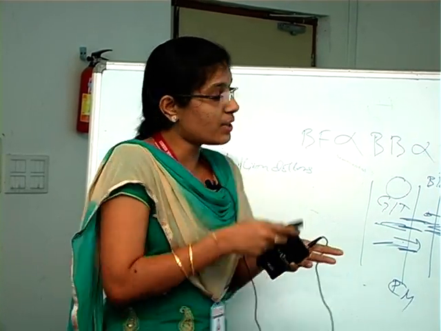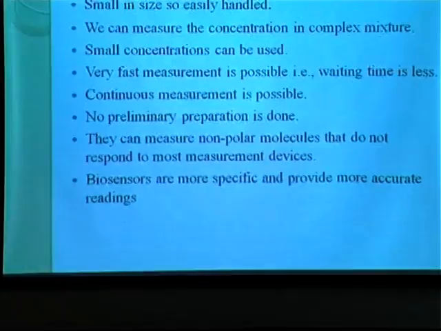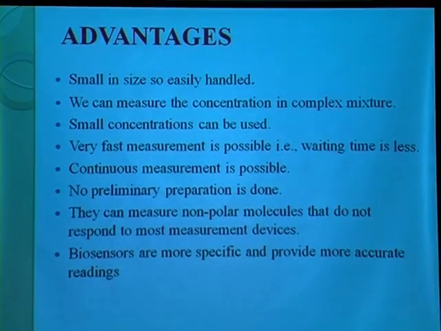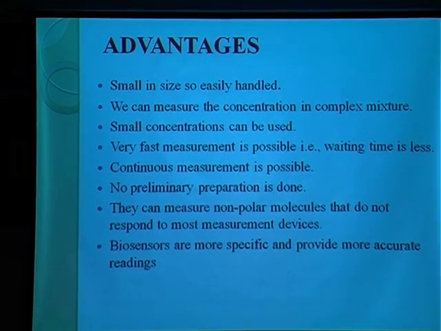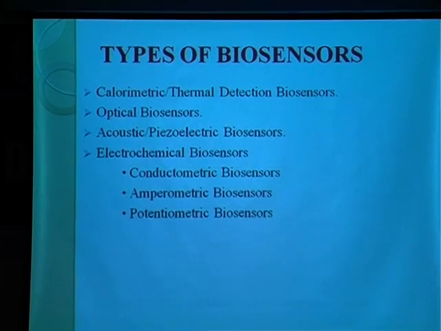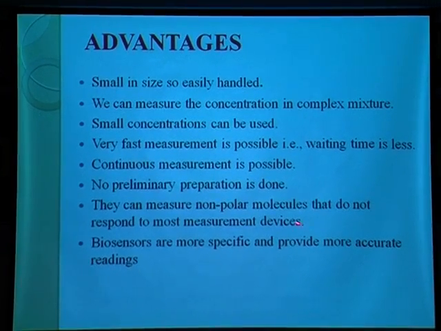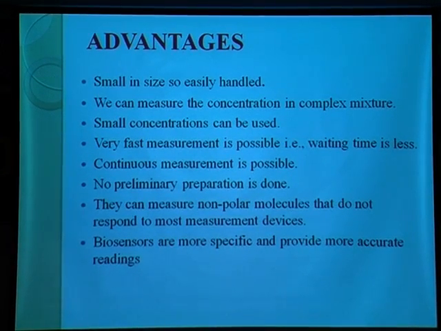For that, we are going for these biosensors. Also, no preliminary preparation is required for these biosensors, and they can measure non-polar molecules that do not respond to other measurement devices.